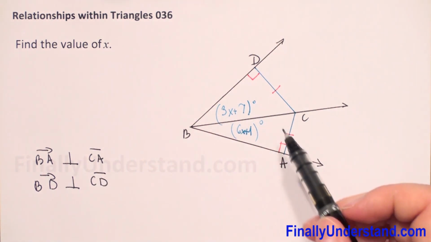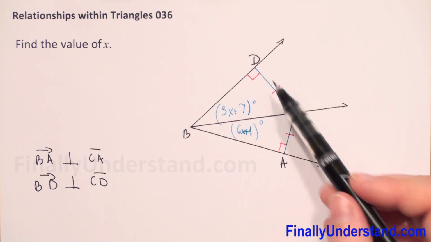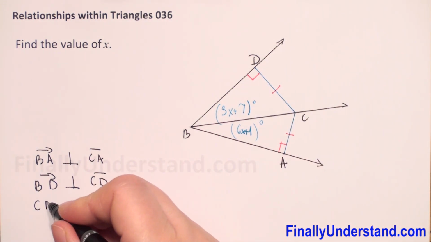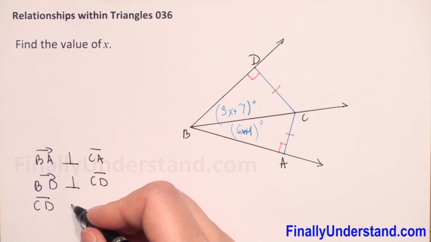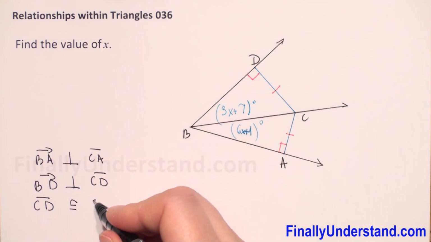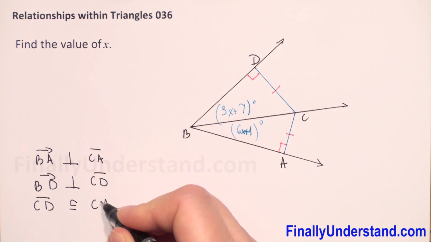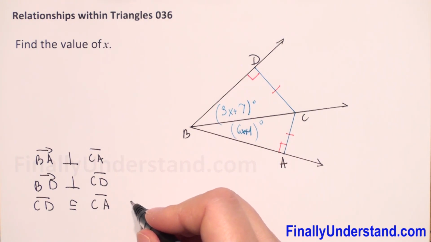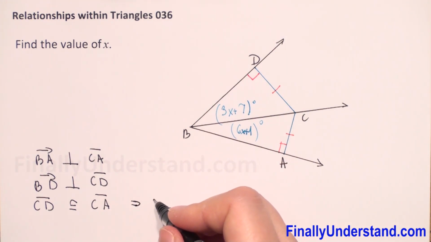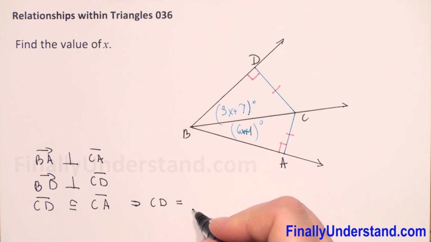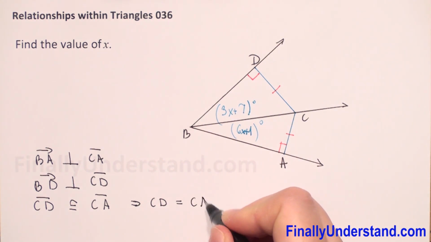What else? We have that CD segment is congruent to CA segment. So it means that CD is equal to CA.